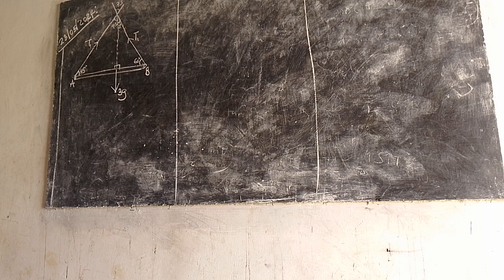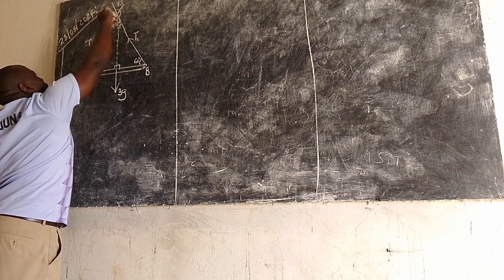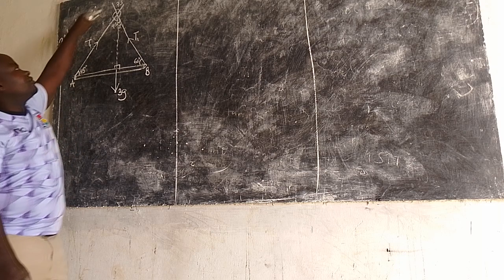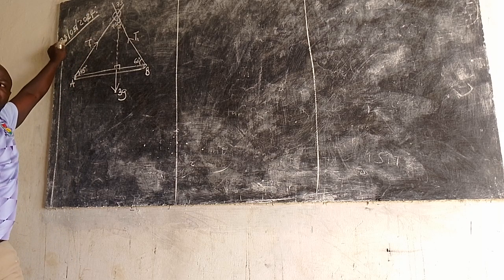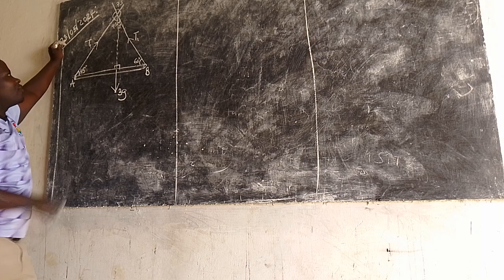Me and you should again agree that this angle is equal to this angle. What is it? Angles around a point should be 360. Now this is 75, this is 75, this is 150. What remains? 210. 210 by 2, 105.